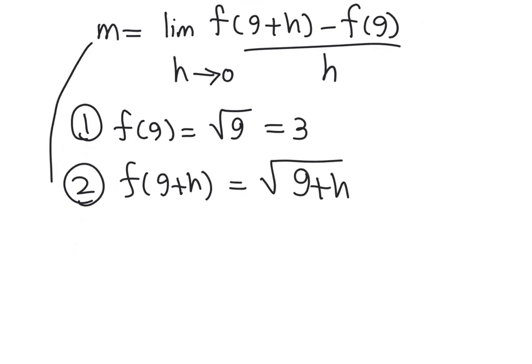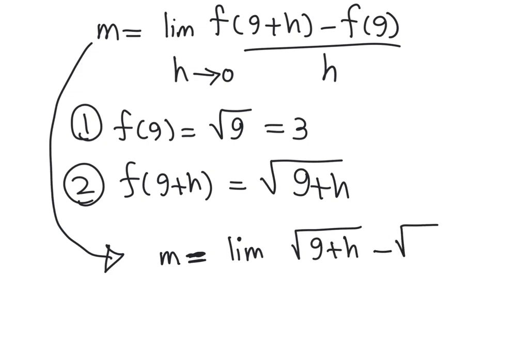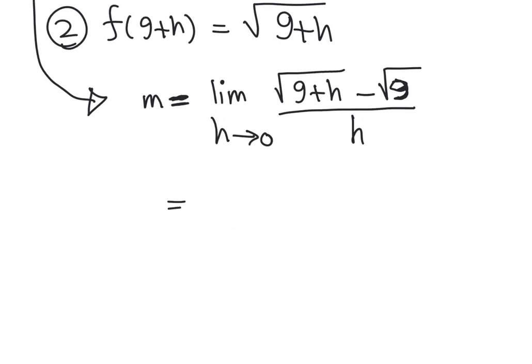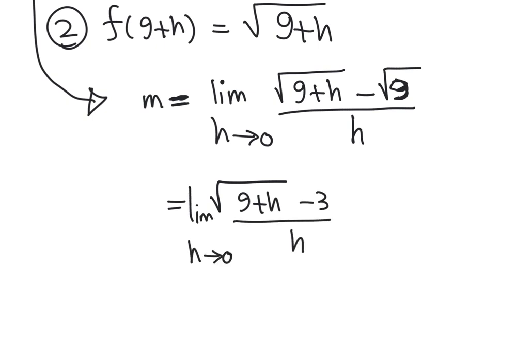Now you apply this formula. So a slope is the limit of root 9 plus h minus root 9, which is positive 3, over h as h goes to 0, equals root 9 plus h minus 3 over h as h goes to 0.